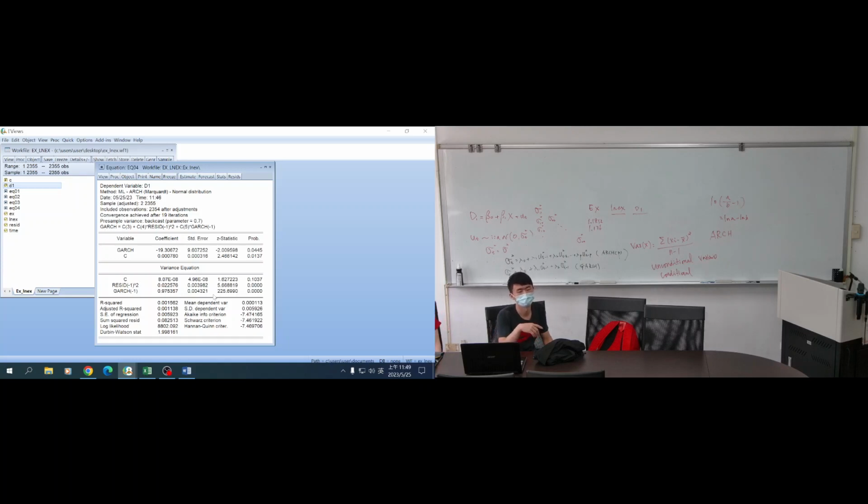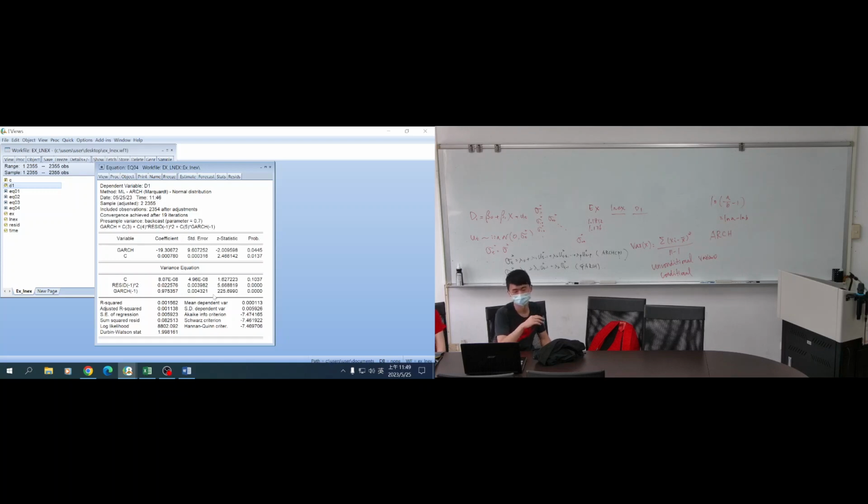If the variable is significant, we put it in. That's just a side order, like when you're eating something, that's the side order.